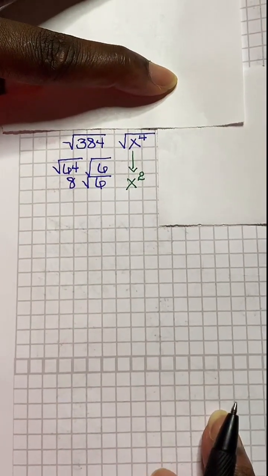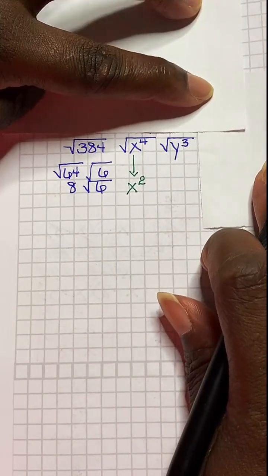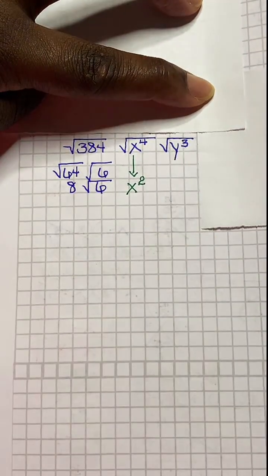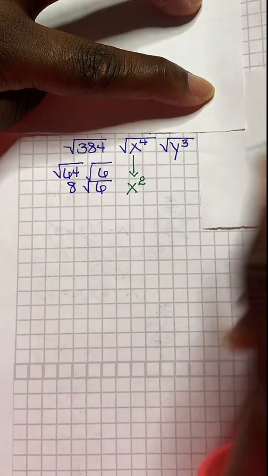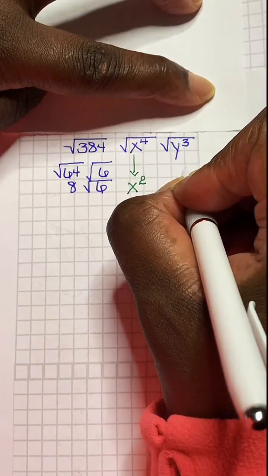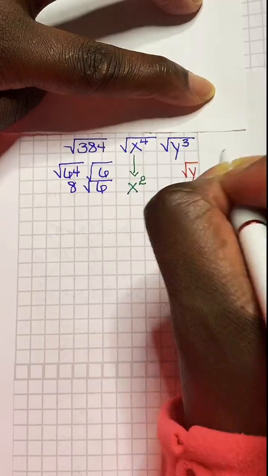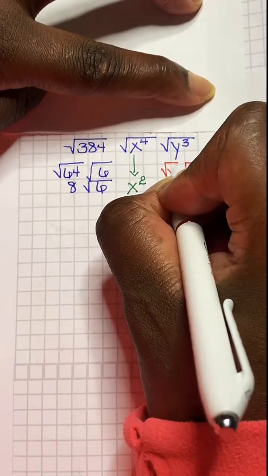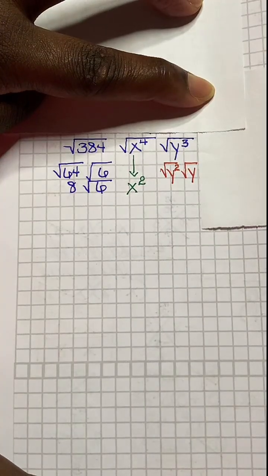Is this starting to get a little bit easier for you guys now? Now we have square root of y to the 3rd. This is an odd number, just in case. So we could pull out one of those y's. What remains is 2 of the y's.